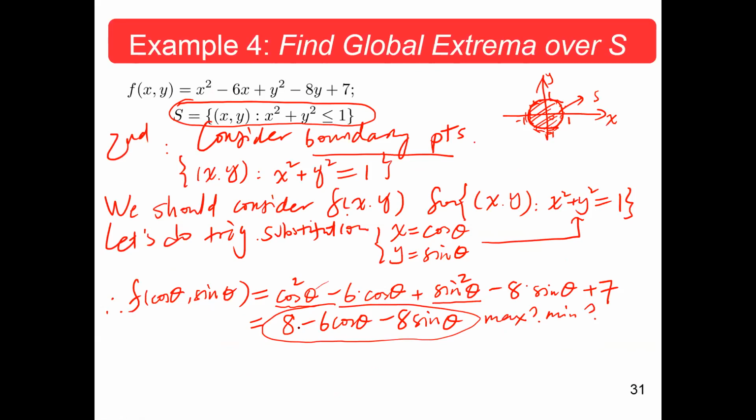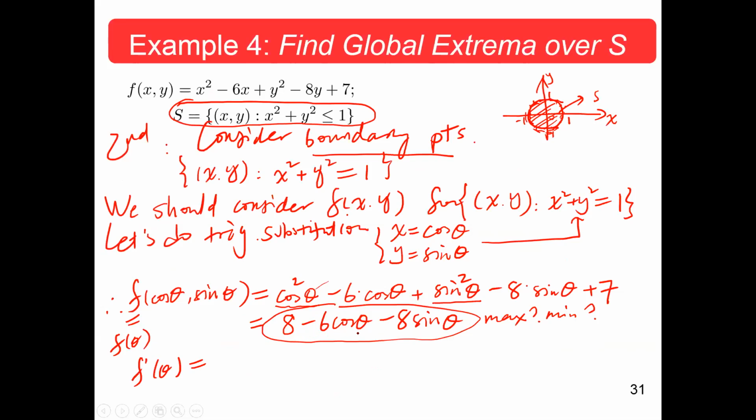How do we find the max or min of this expression? Take the derivative with respect to theta. This is now a function of theta, so this goes back to Calculus 1, single variable.